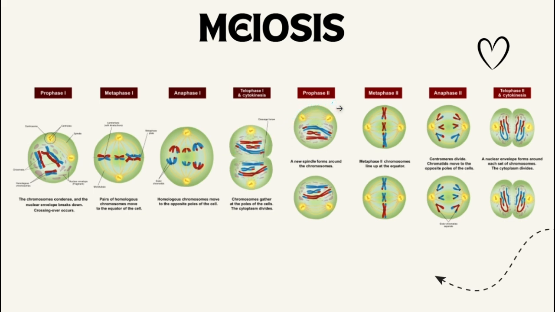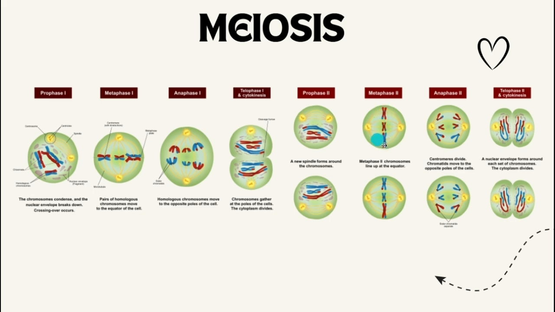So now prophase 2. Bear in mind that even though it's splitting into two, it doesn't necessarily split completely. It has the pinch right here, but not a full split yet. In prophase 2, basically the same thing happens. Chromosomes become condensed and the centrosomes move to opposite ends of the cell.